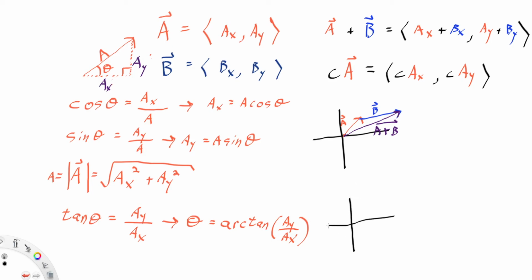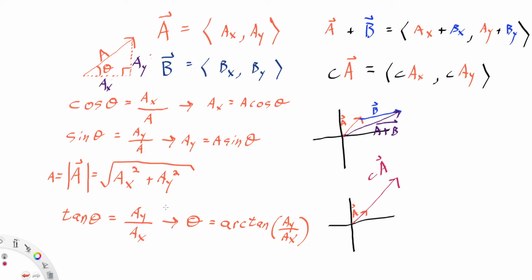Similarly, if we start off with A and we scale it up, well, there's CA. This is assuming that C is bigger than 1.